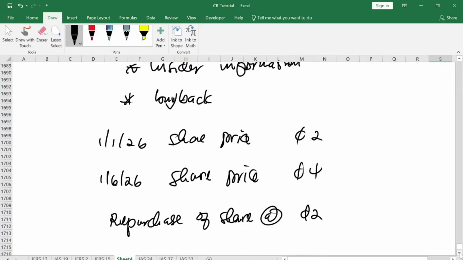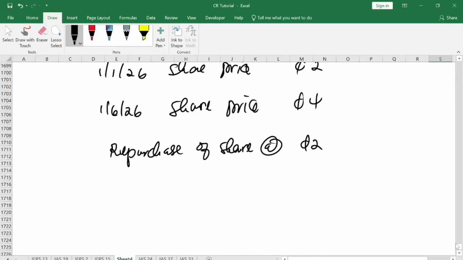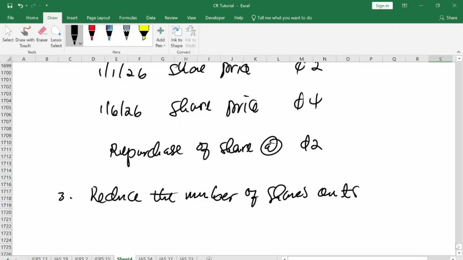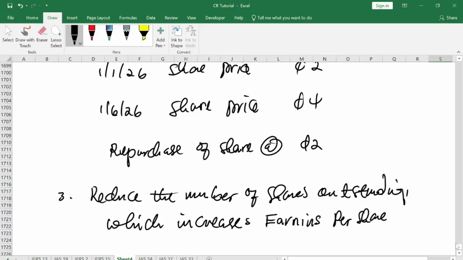The third reason why they do that is that they buy back their shares to reduce the number of their shares outstanding, which will increase the earnings per share. What does this mean?